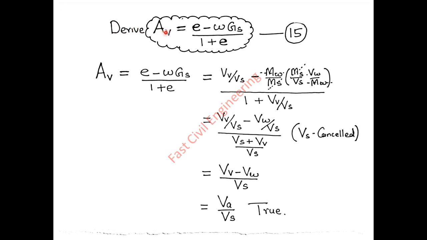Derive AV is equal to (E minus W Gs) over (1 plus E), equation number 15.